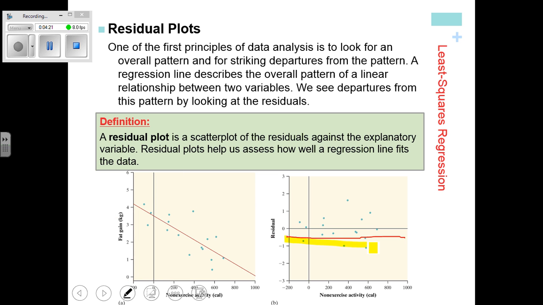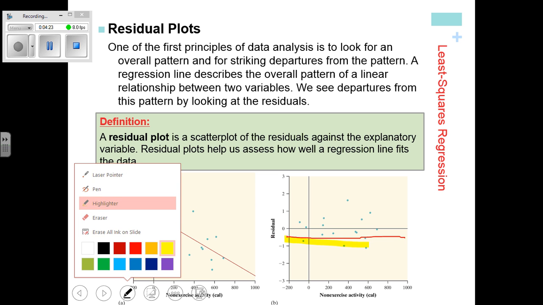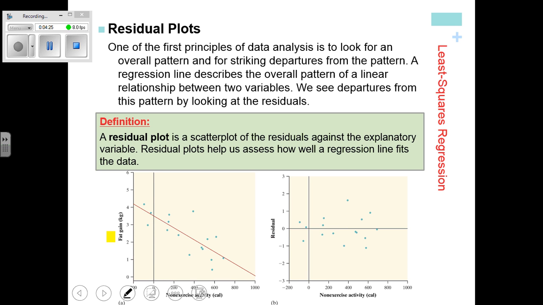A residual plot is going to be the same x values against the residuals, which we just discussed are y minus y hat, the actual minus the predicted.